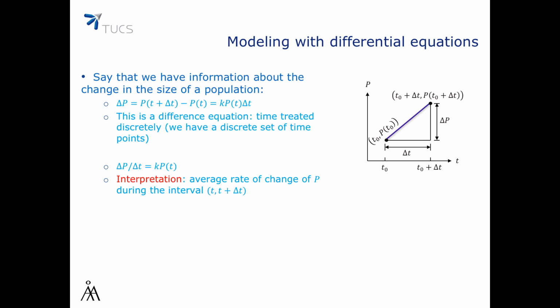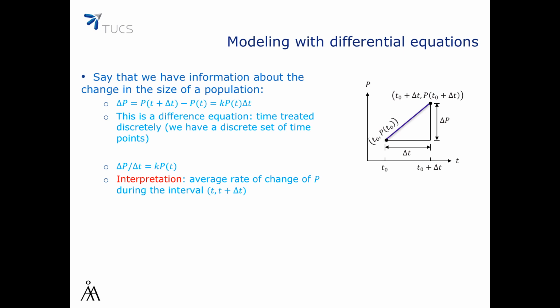So this can be reformulated as delta p over delta t is equal to k times p of t. The interpretation of this formula is that the average change of p over the interval from t to t plus delta t is k times p of t. Now here is the crucial ingredient.